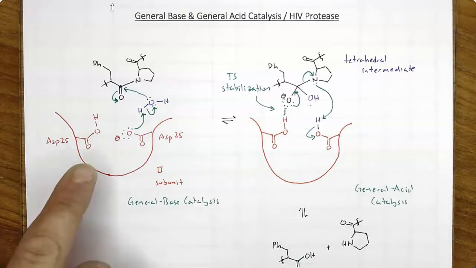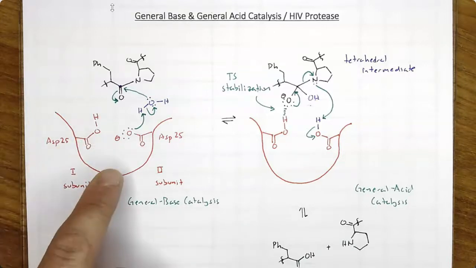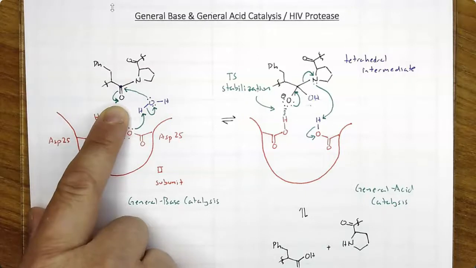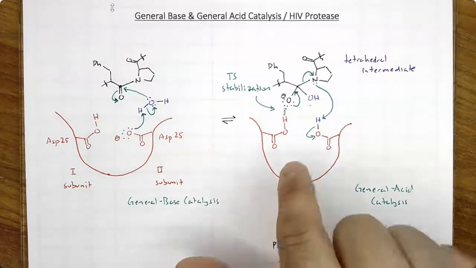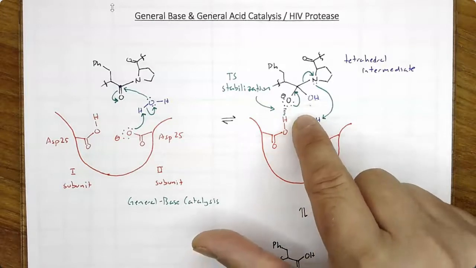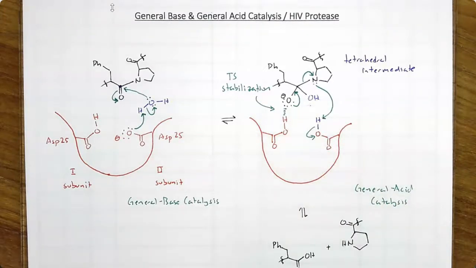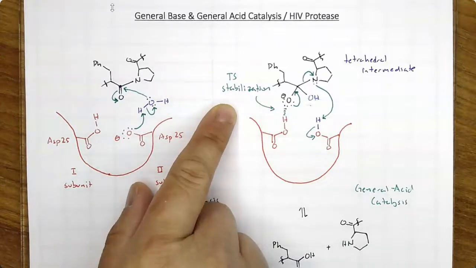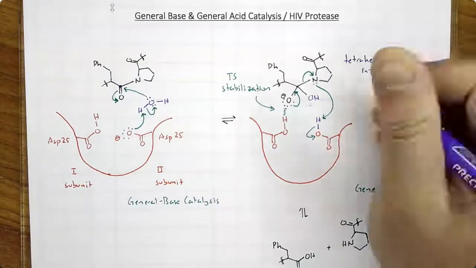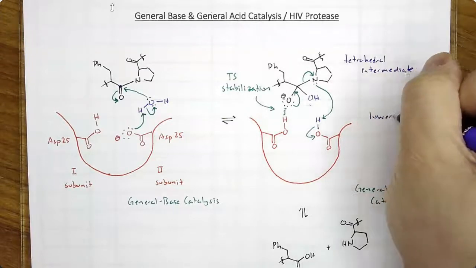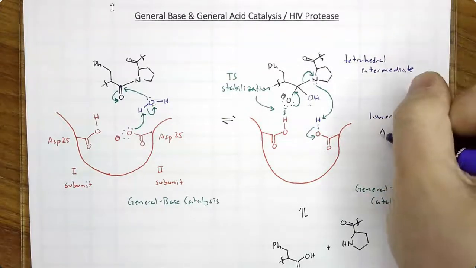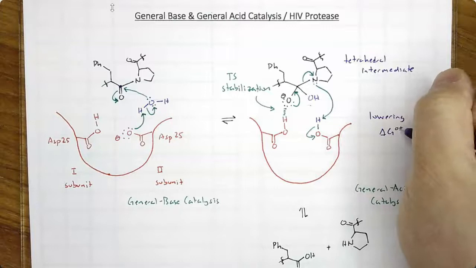So it's not really the binding of the peptide that is energetically favorable. The enzyme is set up to stabilize the transition state. That is what really speeds up the reaction. And when you stabilize the transition state, ultimately you are lowering, as we saw in the previous video, delta G double dagger.